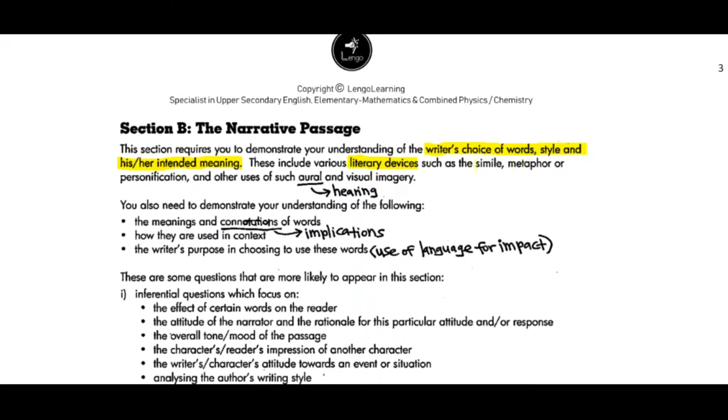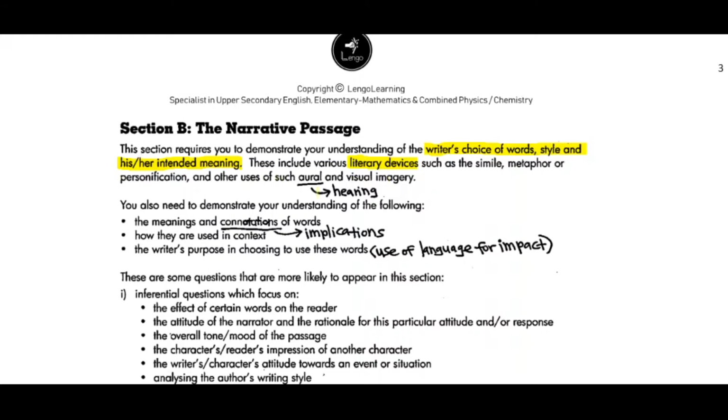But for now, a simile will be, for example, as fast as lightning. A metaphor will be, for example, saying something is something else, like she is the sun. Personification is just attributing human characteristics to a non-living thing.